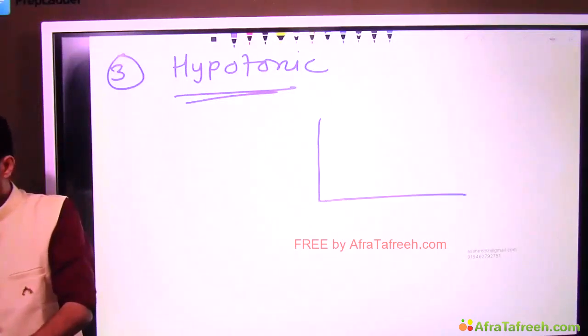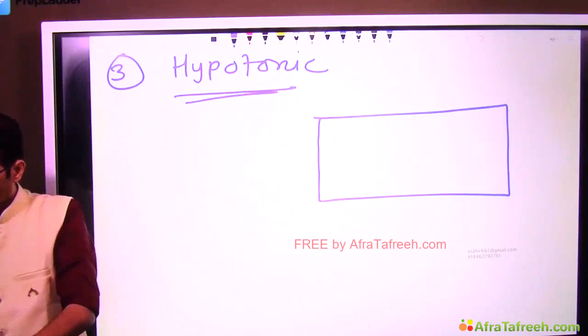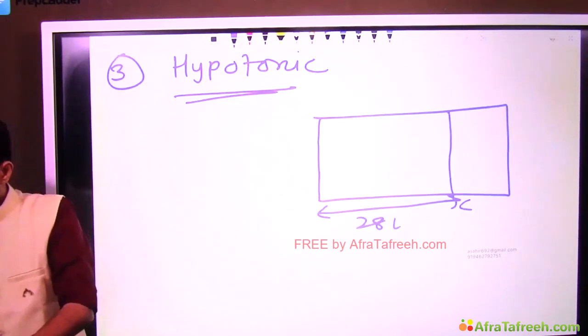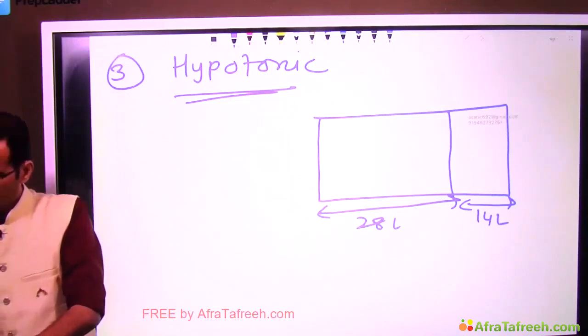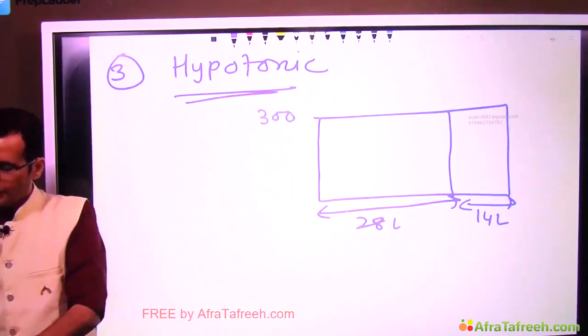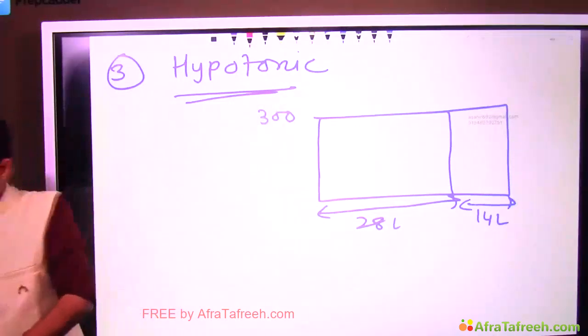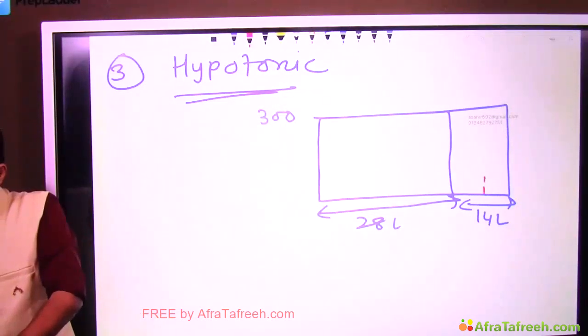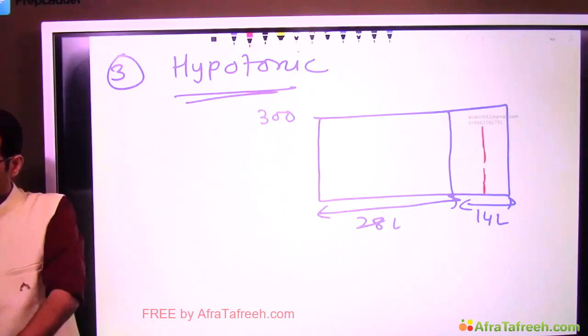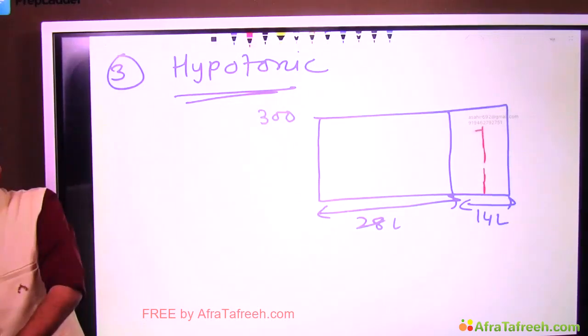How will you show it with the diagram? So here we go. 28 liters, 14 liters, 300, that's the osmolality. Now dehydration. So ECF volume decreases. This is a dehydration. And ECF is hypotonic.